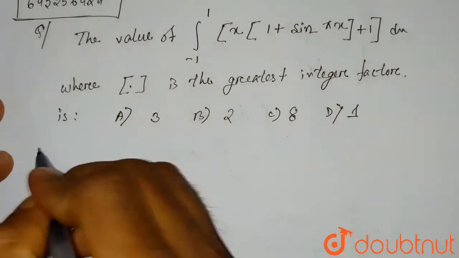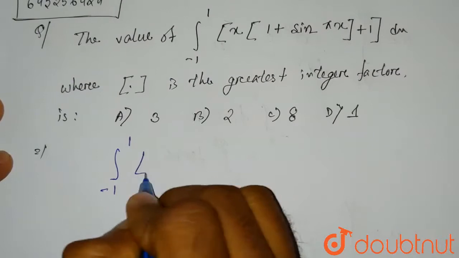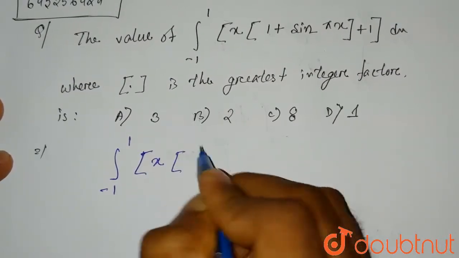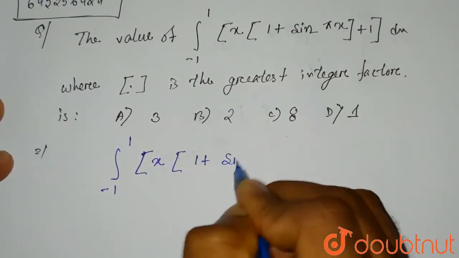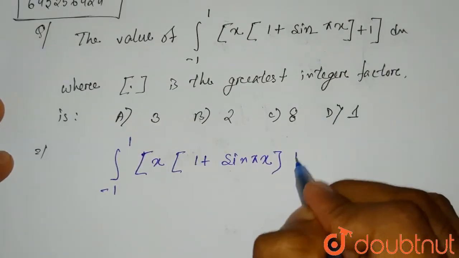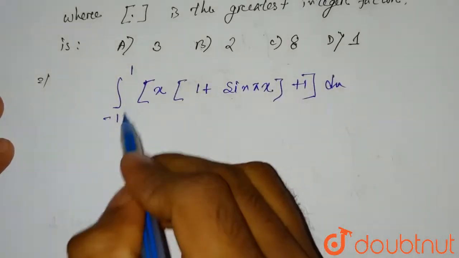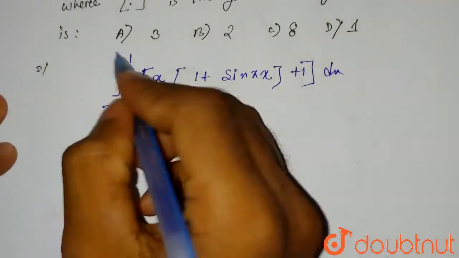So here the integration is given as the integral from -1 to 1 of the greatest integer function of x times the greatest integer function of (1 + sin πx), plus 1, dx. Now this limit can be split into two parts.